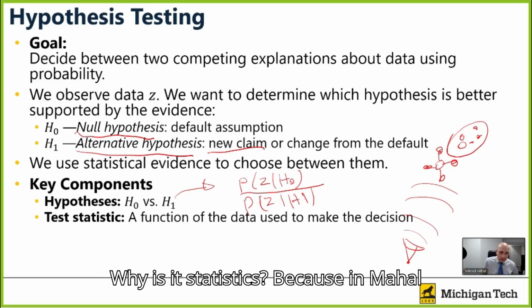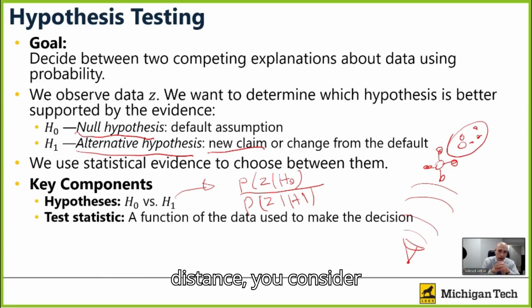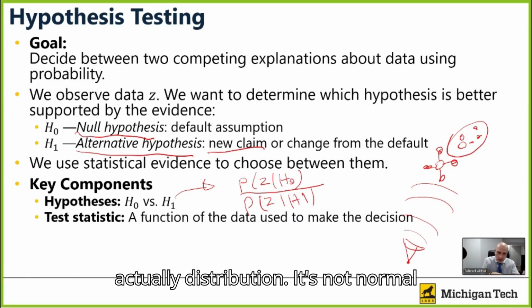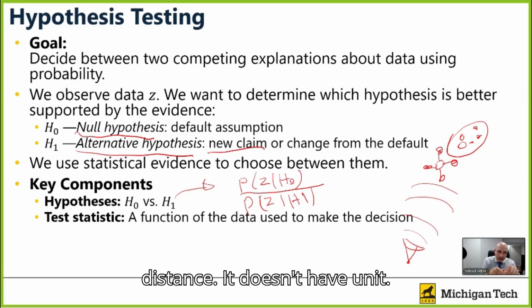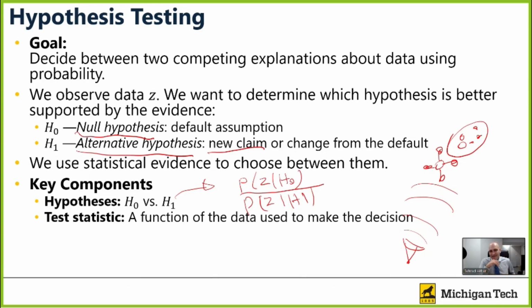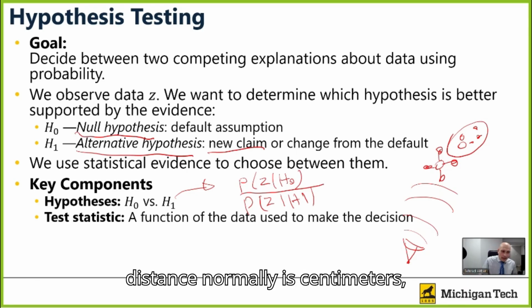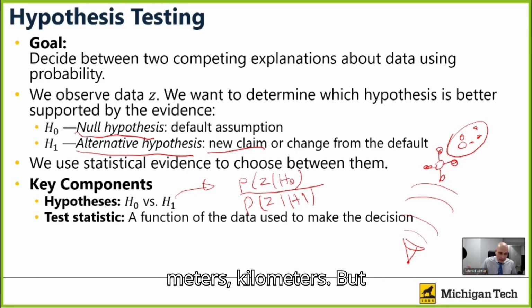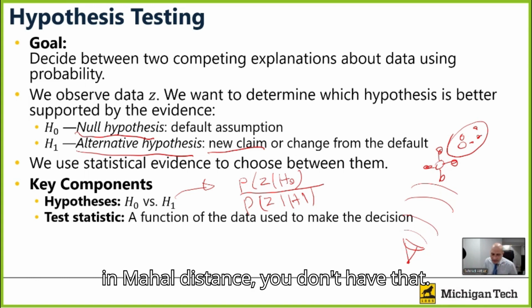Why is it statistics? Because in Mahal distance, you consider distance to the actual distribution. It's not normal distance. It doesn't have unit. It's unitless. Distance normally is centimeters, meters, kilometers, but in Mahal distance you don't have that.